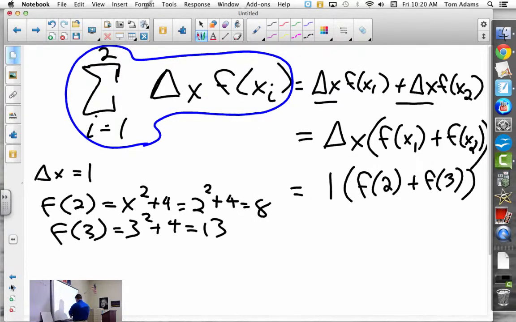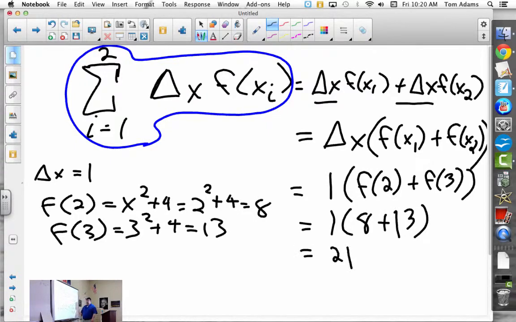So now to approximate the area under the curve, because that's what this is, we have 1 times 8 plus 13, which is 21. Okay? Does that make sense?